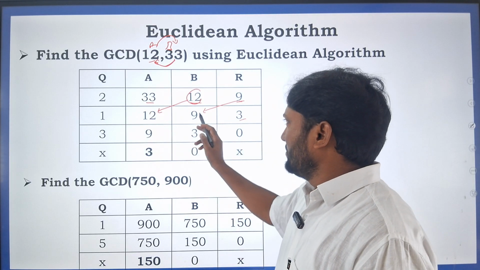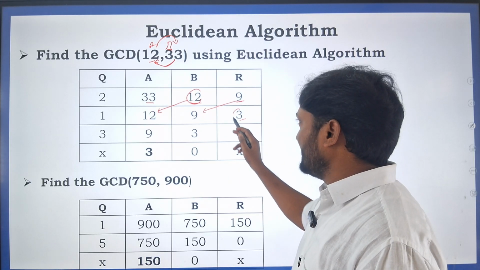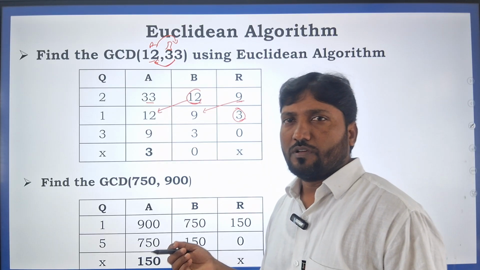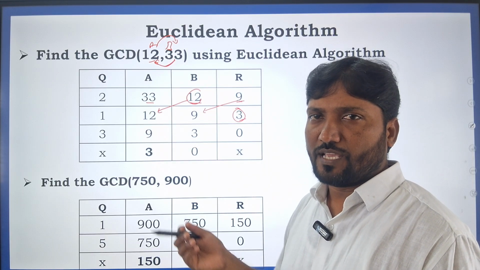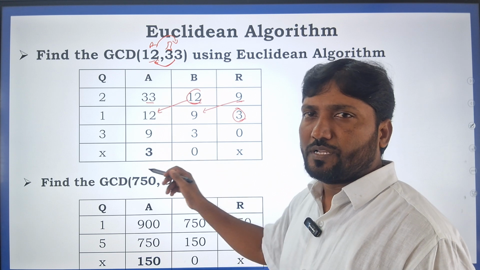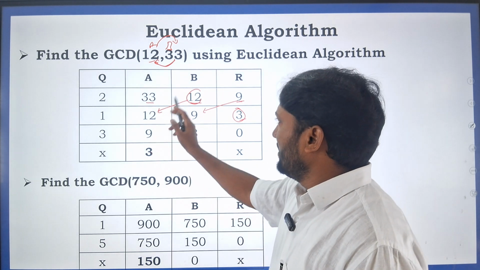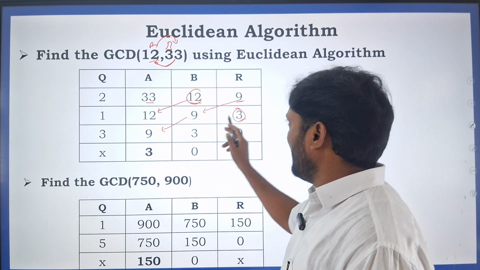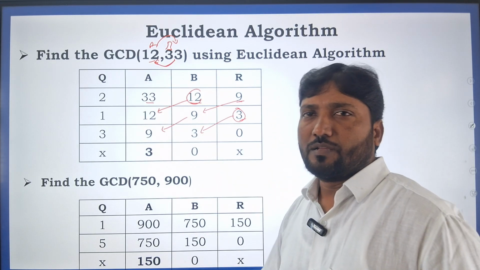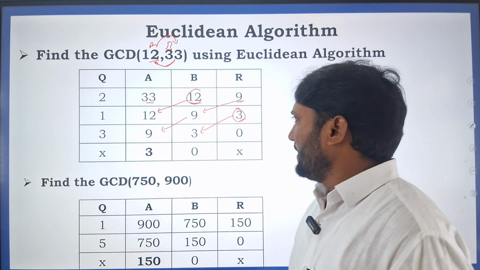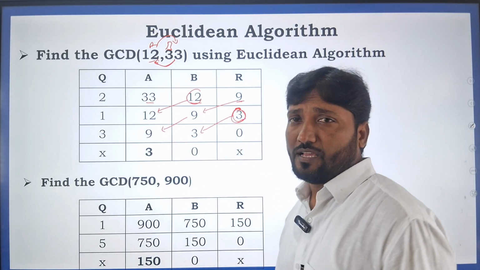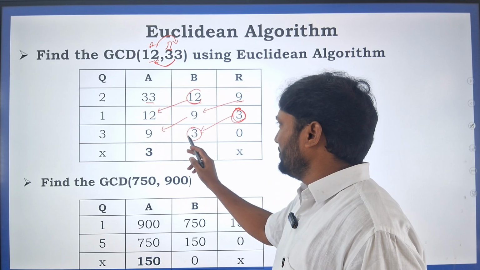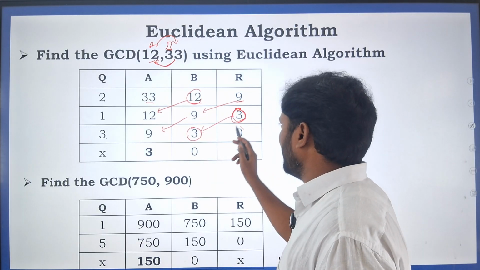The remainder is greater than 0, so the B value is replaced in A and the remainder value is replaced in B. Now apply the division algorithm with the B value: 3 times 3 is 9, and the remainder is 0.